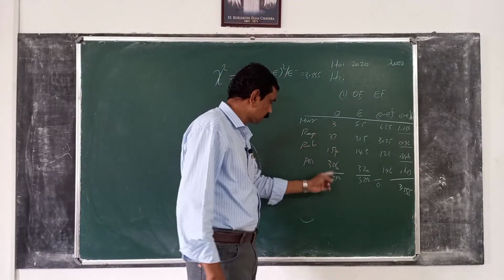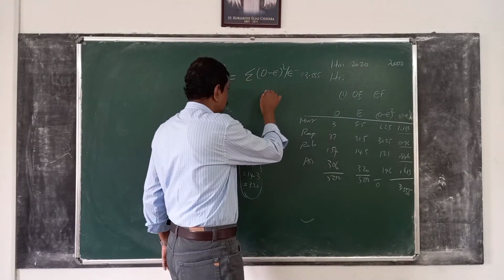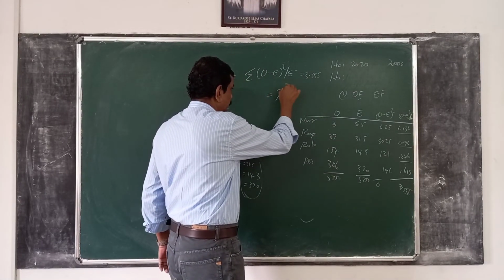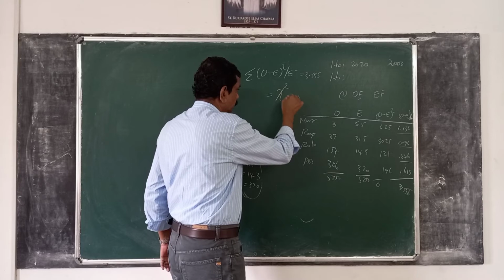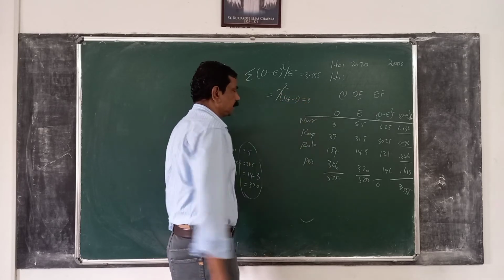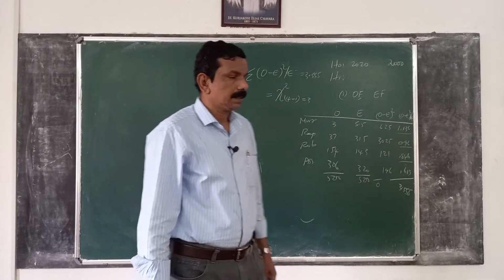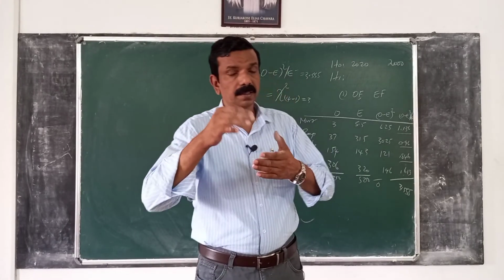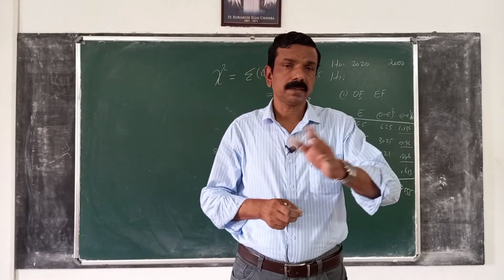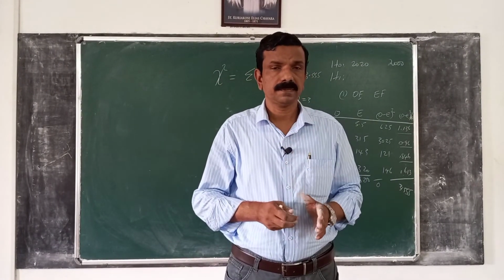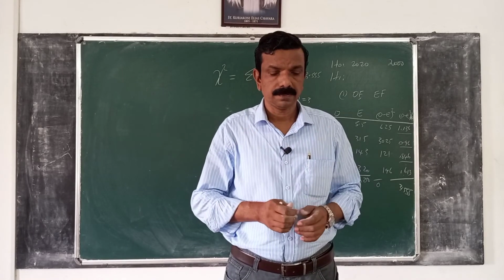In this case, n is 4, so this chi-square distribution has 4 minus 1, that is 3, degrees of freedom.